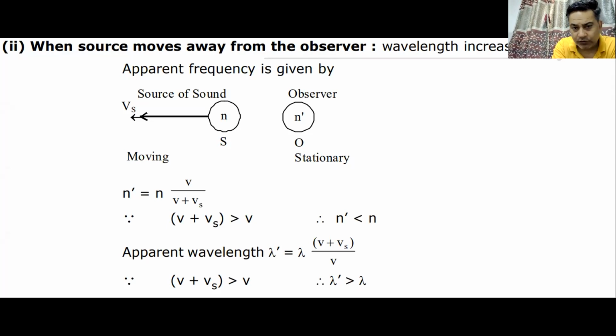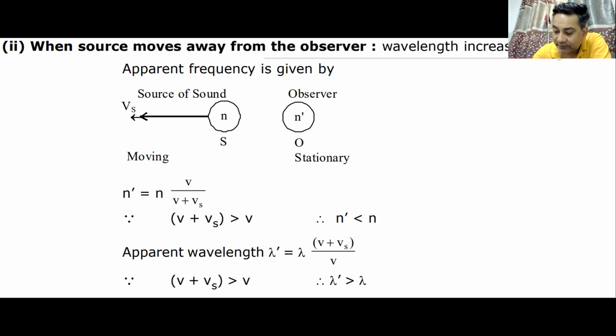So that is what we call Doppler's effect. We had seen two different cases of Doppler's effect in the previous class. In both cases, the source was moving and the observer was stationary. In case number 1, the source was moving towards the observer.